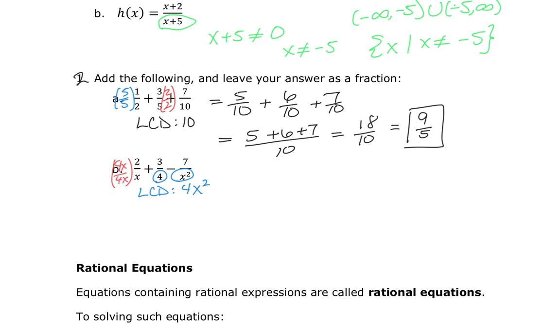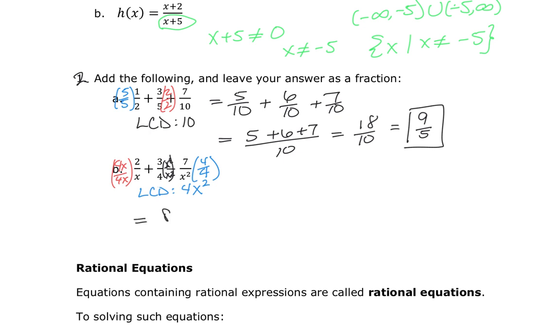The second fraction needs to be multiplied by an x squared, numerator and denominator. And then my third fraction needs to be multiplied by a 4, numerator and denominator.